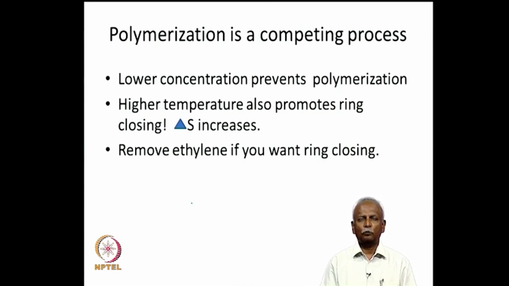And so, that would be a more favorable process when you have the reaction proceeding in the forward direction. That means you have ring closing during the whole system. If you want to do a ring closing reaction, you should remove ethylene from the reaction mixture, so that it does not come back and compete for the reaction.